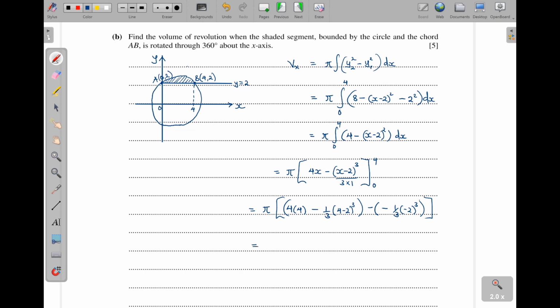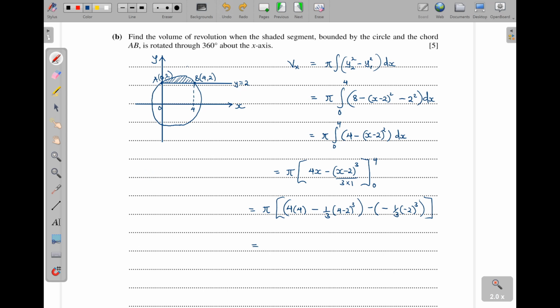Well, I think there is something I forgot to tell you here. Volume of a cylinder is pi r squared h. So that's why we have the pi here. Then the r is the y, the difference between the two y's. And then h is the change in the x. So that's why you're seeing dx.